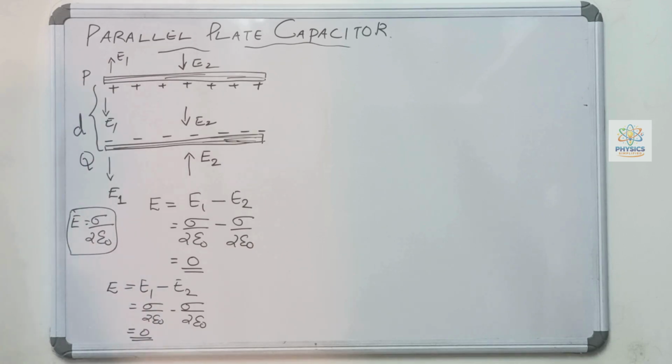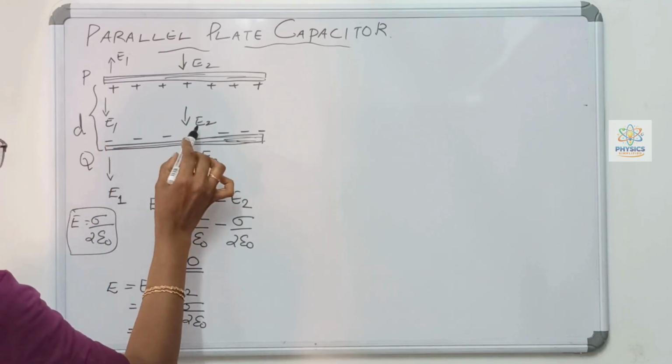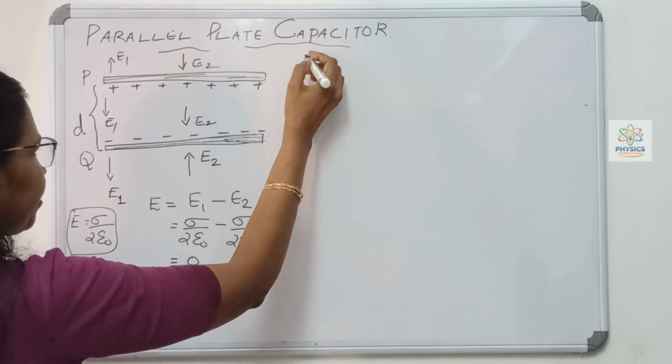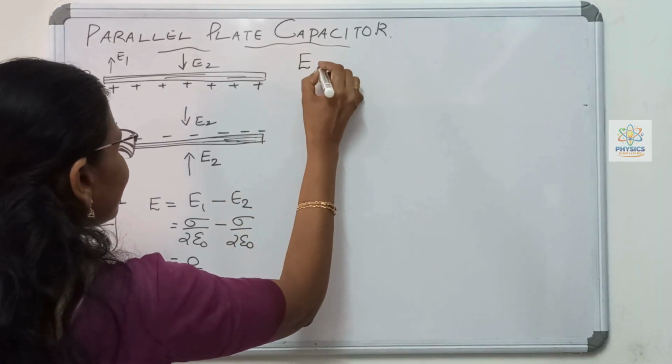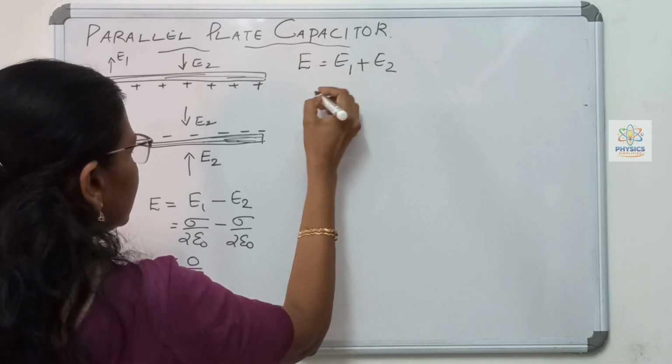Next we calculate the electric field intensity between the plates. Between the plates, both the electric fields are pointing in the same direction. So we can write E is equal to E1 plus E2.